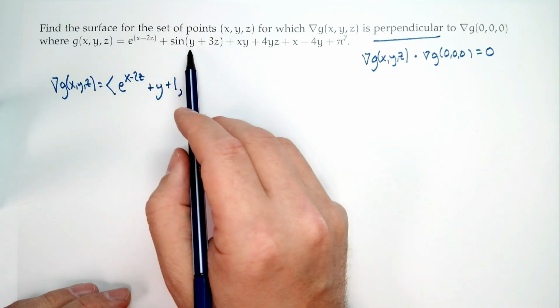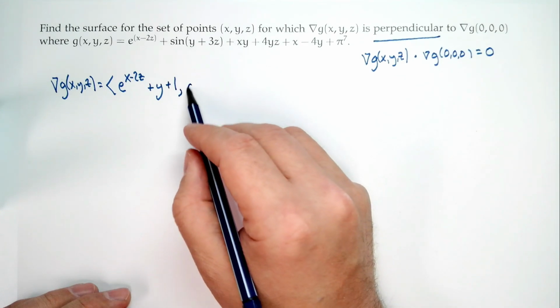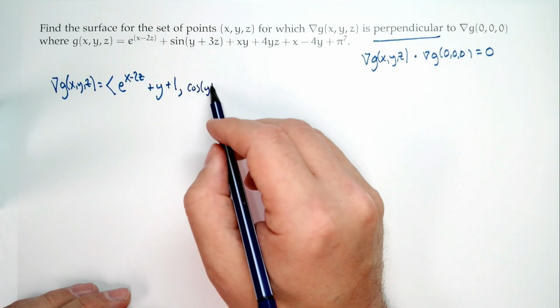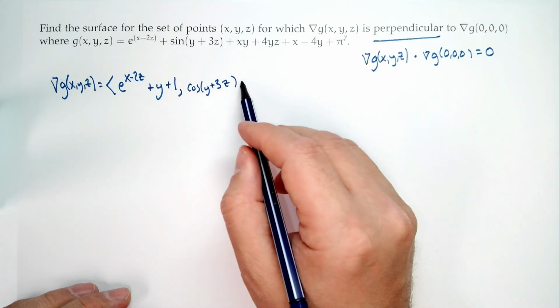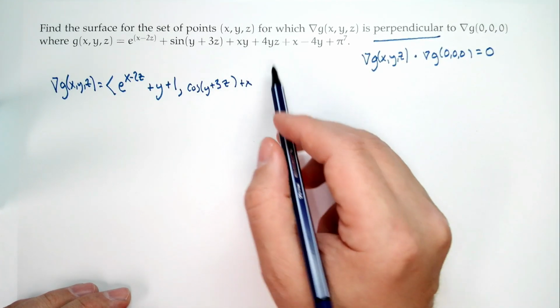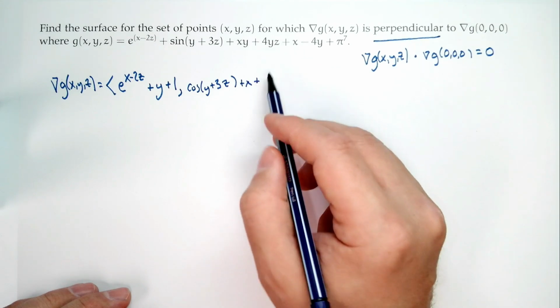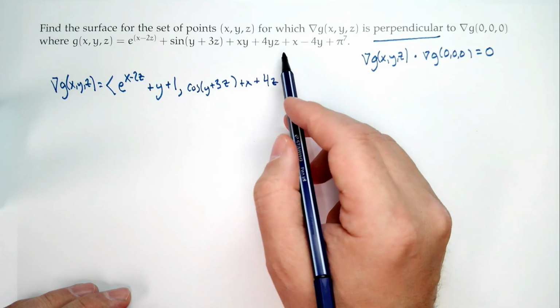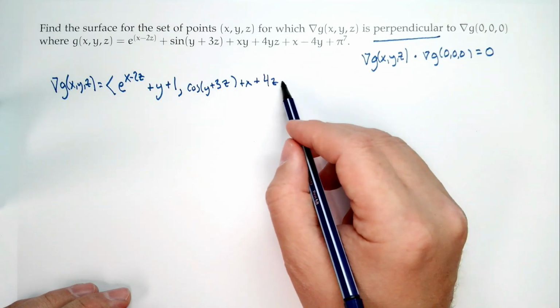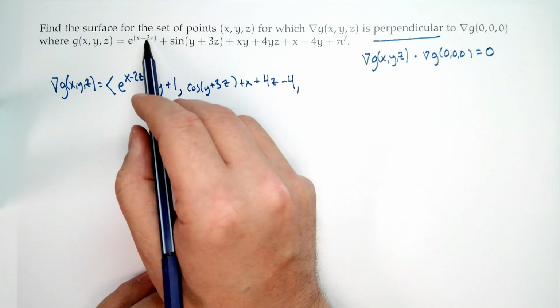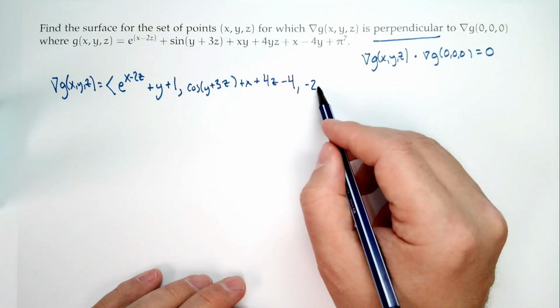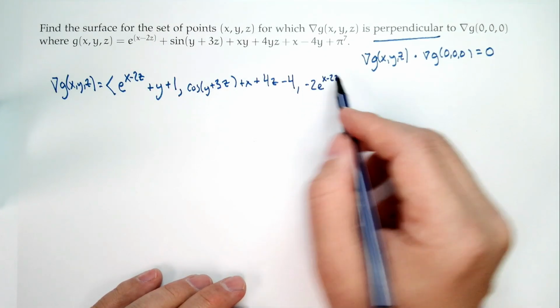Now we're doing it with respect to y. There's a y there, so cosine of y plus 3z. And there's a y, so plus x. And there's another y, so plus 4z and minus 4. All right, now with respect to z: minus 2 e to the x minus 2z.